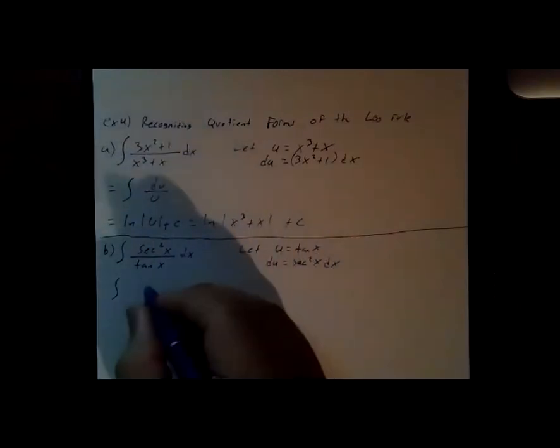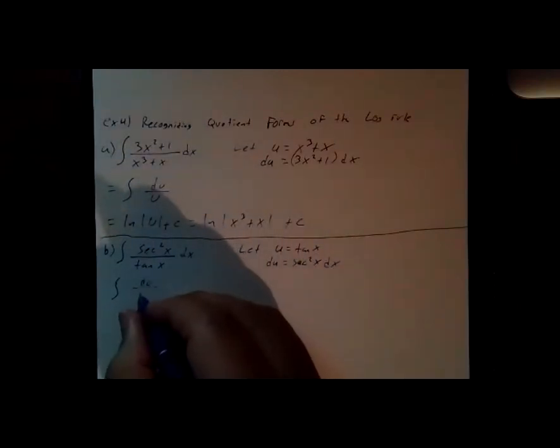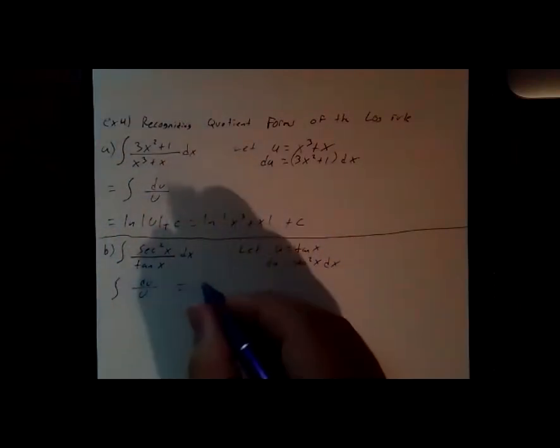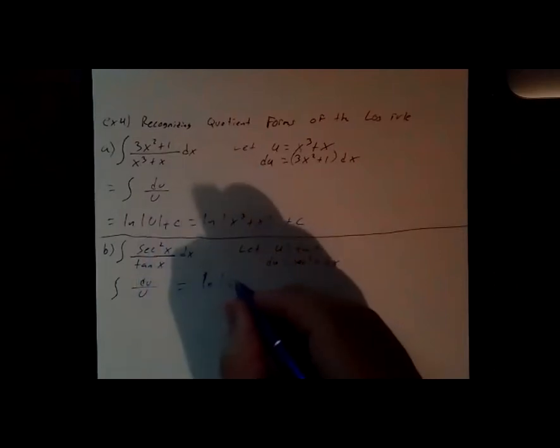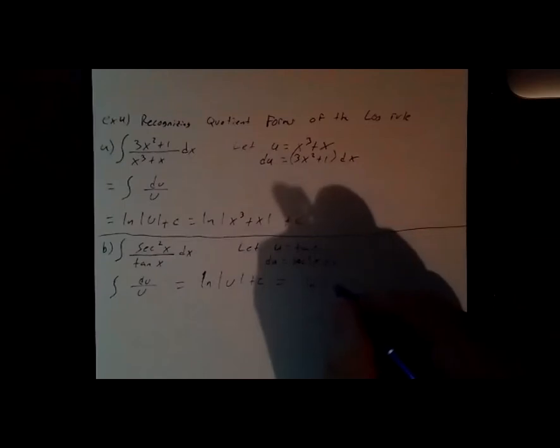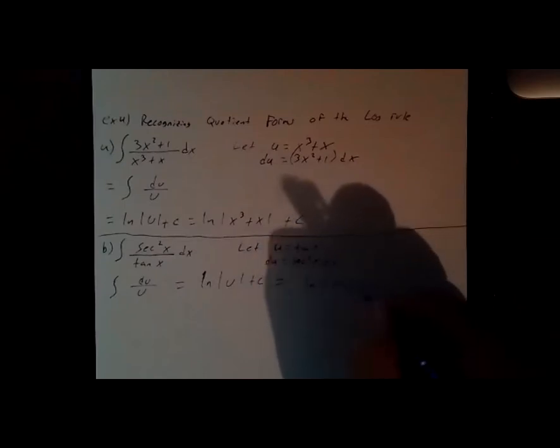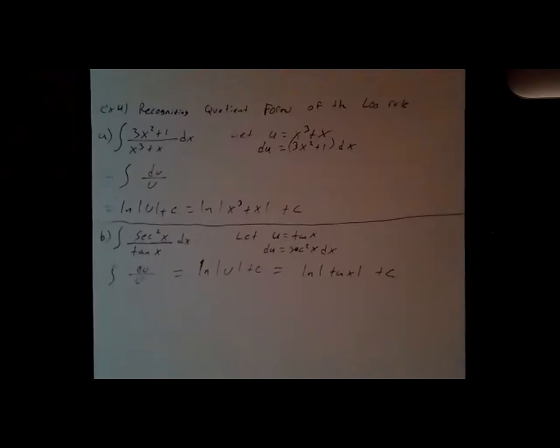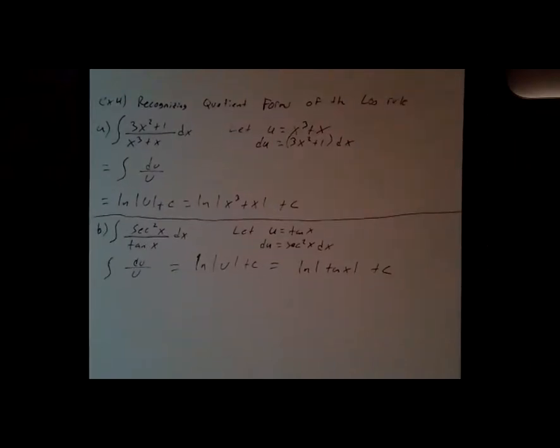So du's on top, u's on the bottom, which gives us ln of u plus c, which is really ln of tangent x plus c. So once you do the sub, it's not too bad, right? Are there any questions about this?